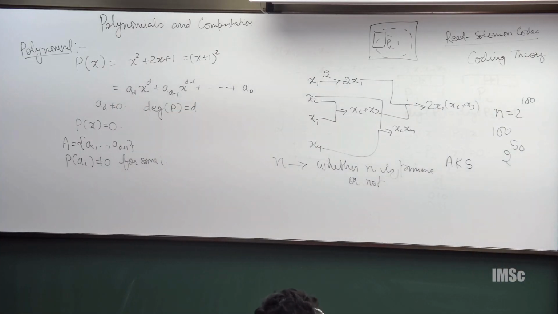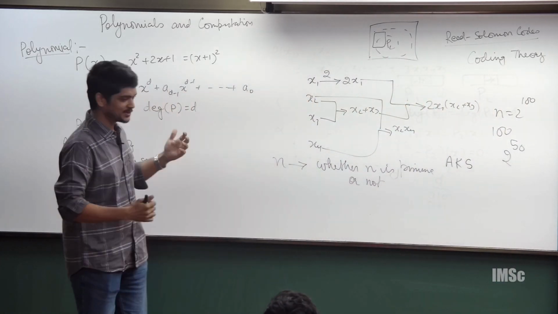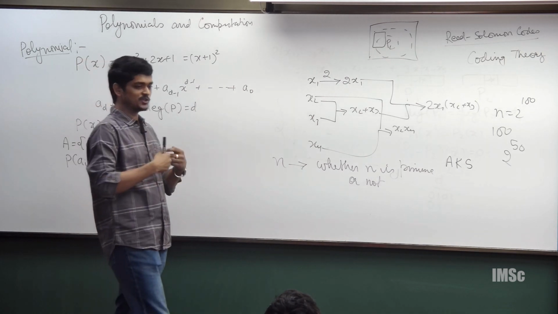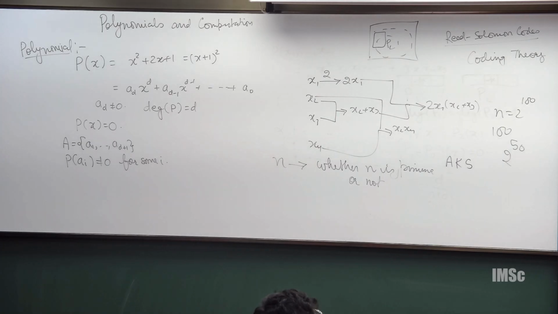So if you do something like this, you will get essentially for free a PhD. So you should feel a little bit motivated. If you are in undergrad, you should feel a bit motivated to work on some problems like this. And if you are a PhD, still you should feel motivated, because you will be able to graduate much faster, right? And then the whole world will know who you are.